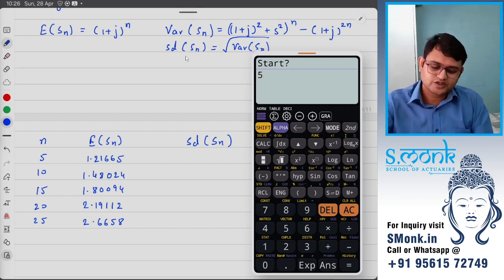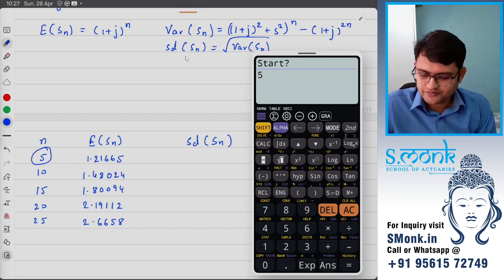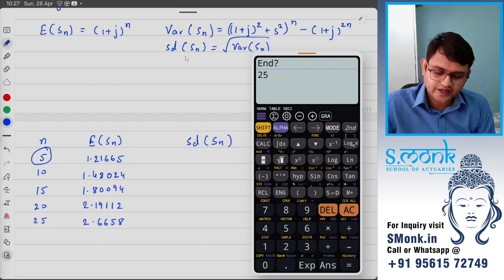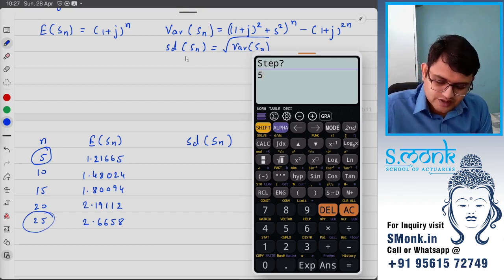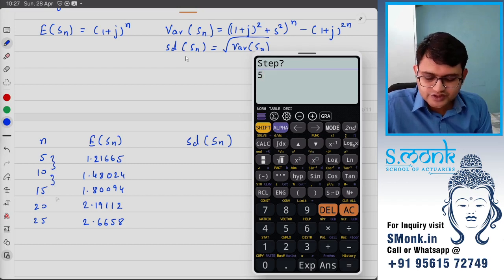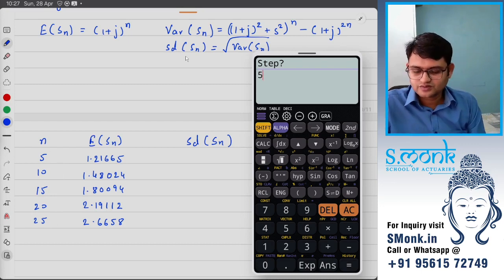And start. Now we will say the start number is 5 and equal to end. End number is 25. Equal to steps. Steps just means what should be the difference between each number. So difference between each number is 5. So step is 5 and press equal to.